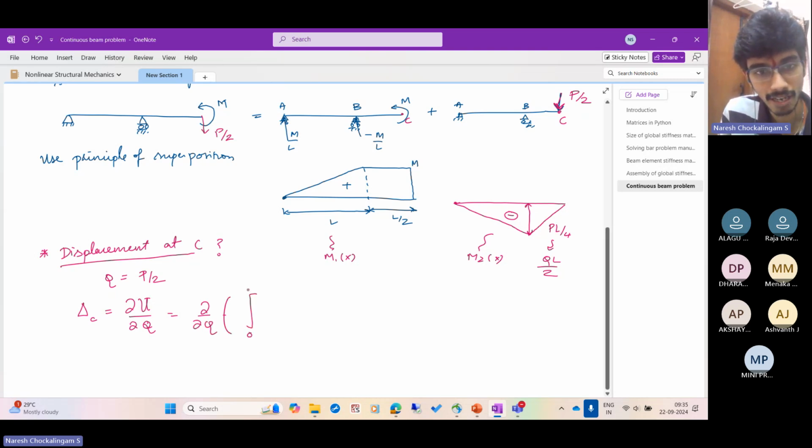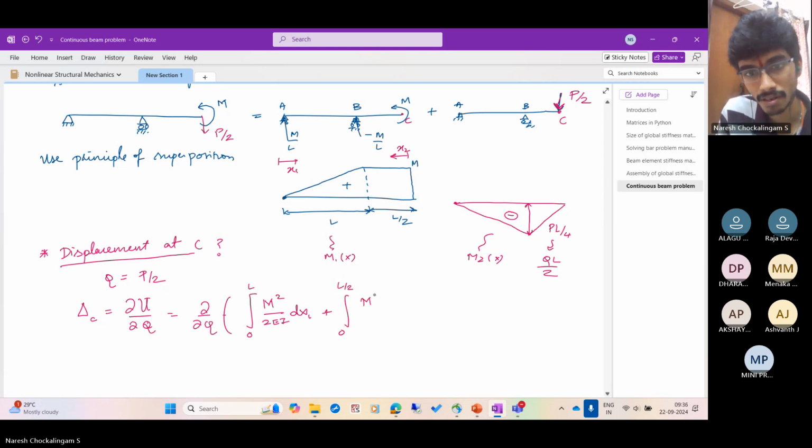It is integral 0 to L M square by 2EI dx, plus, take x1 from left hand side because there's a discontinuity here. Take x1 from left hand side and x2 from right hand side, plus 0 to L by 2, M square by 2EI dx2.